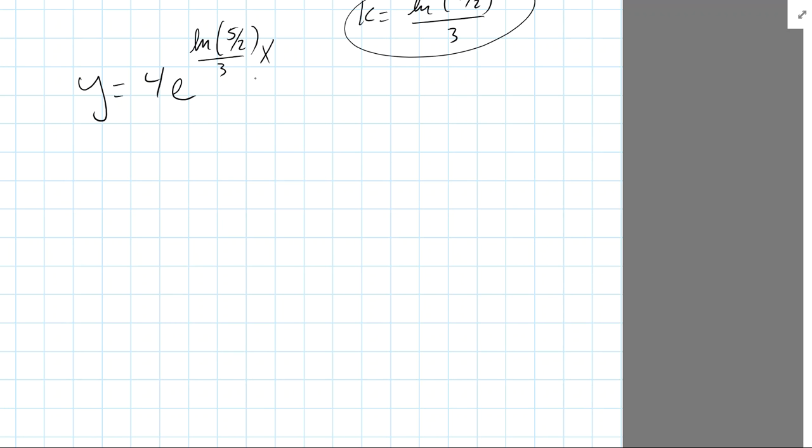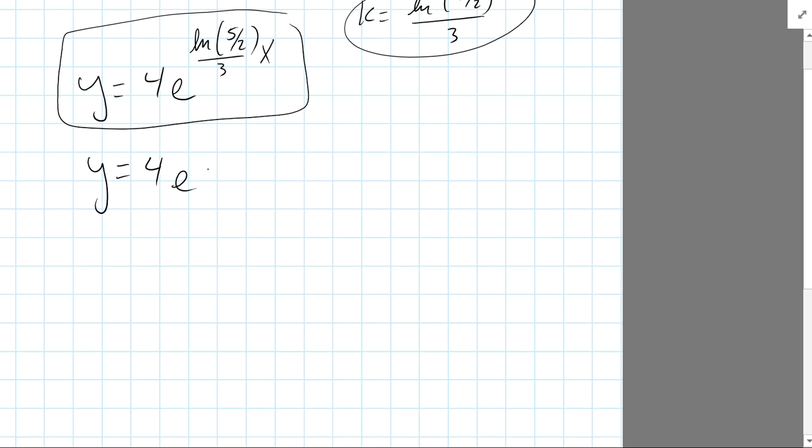Yes. And now I have to answer the question. What was the question? What value is y when x is 6? So we want to plug an x of 6 into this equation right here, and we want to find y. So y is equal to 4 e to the natural log of 5 halves over 3 times 6.